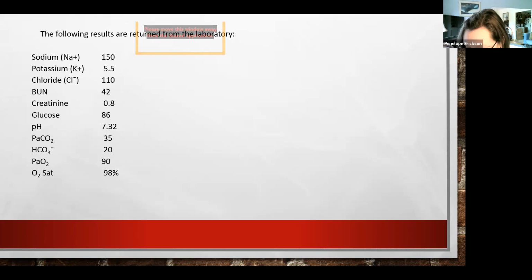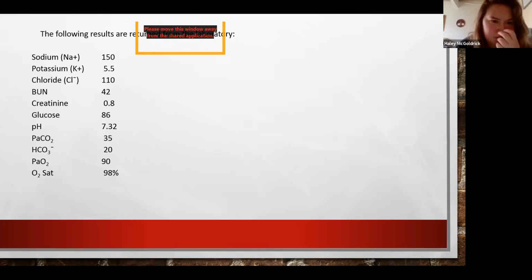So the chloride plus the bicarb is 110 plus 20, so our anions are 130, right? And then our potassium and our sodium together: you add sodium and potassium, and that's 155.5, minus 130, and we get 25.5 for an anion gap.